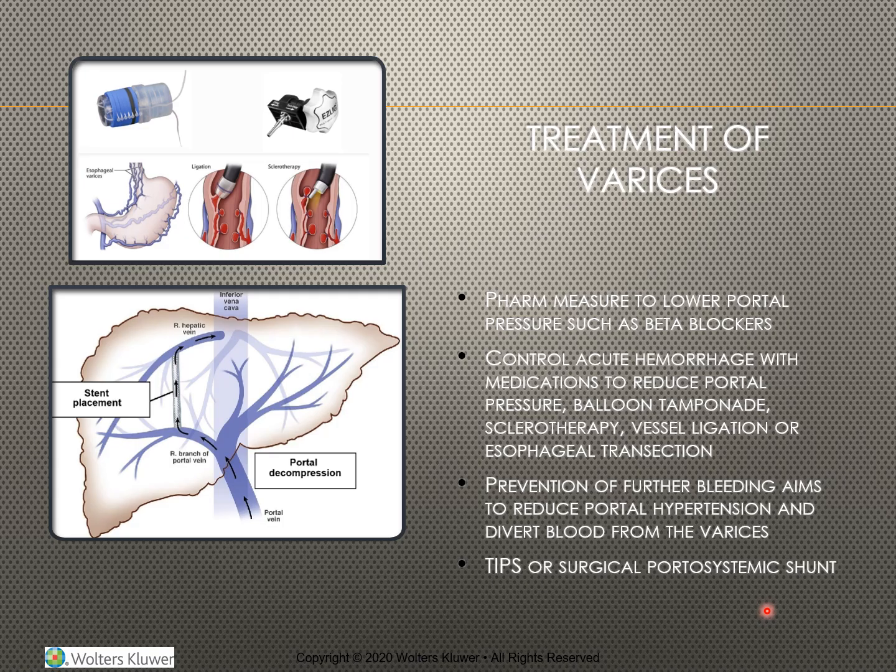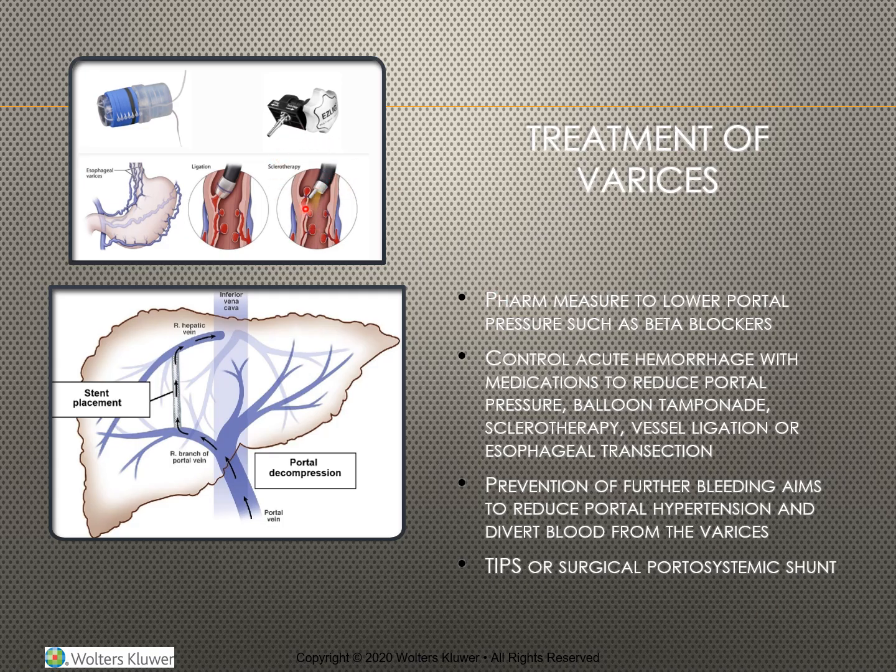So one method might be something called balloon tamponade, where we insert something into the esophagus and inflate a balloon to press on or occlude those bleeding varices. So balloon tamponade provides compression directly onto the varices. We can also do endoscopic sclerotherapy. You can see that right here in the picture.